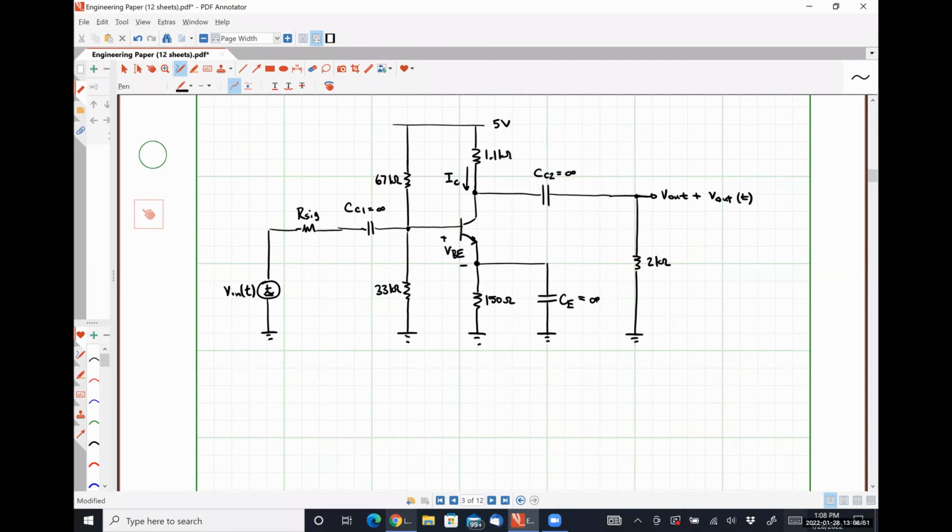First thing we do is throw away everything that's capacitively coupled because it's all disconnected. All of those capacitors act as open circuits at DC, right? So really, as complicated as this thing looks, our DC analysis is just this guy.